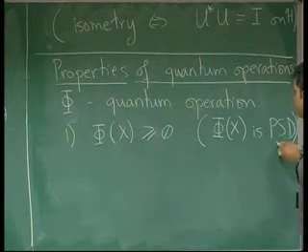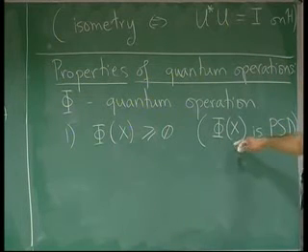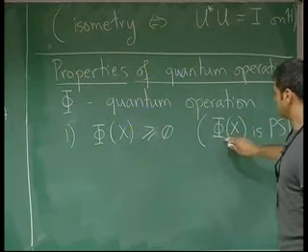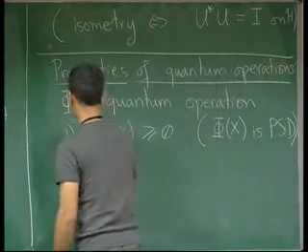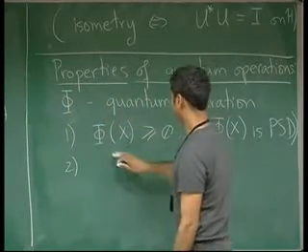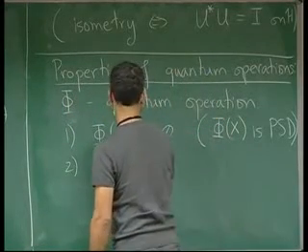All it means is that all the eigenvalues of this matrix are non-negative. In particular, this is a Hermitian matrix and its eigenvalues are non-negative. The second thing is that it's trace preserving.